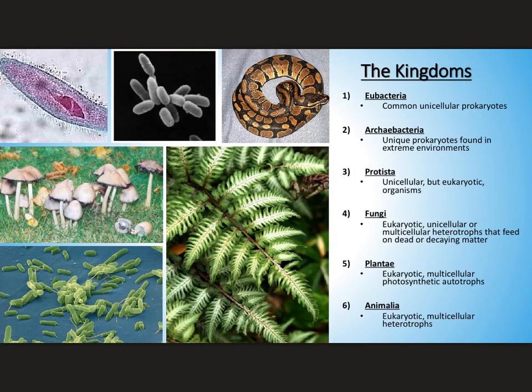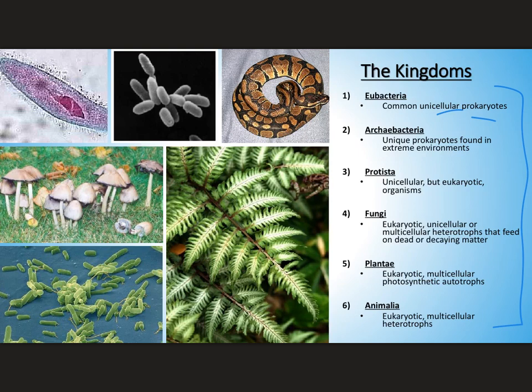Now the kingdoms, very quickly, a nutshell version here, include the eubacteria or true bacteria, which are unicellular prokaryotes. Then we also have the archaea, or the archaebacteria, as our second kingdom. And the archaebacteria are prokaryotes that are called extremophiles. They're only found in extreme environments.